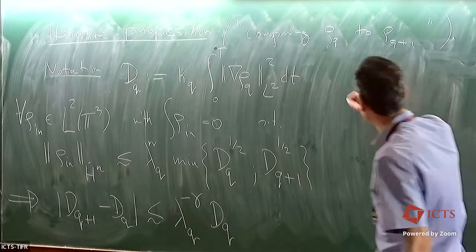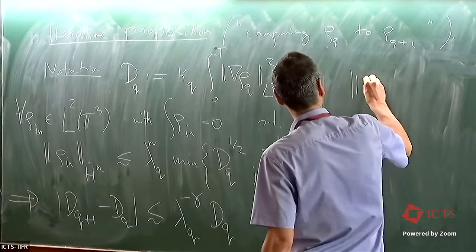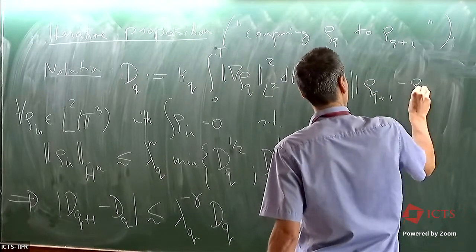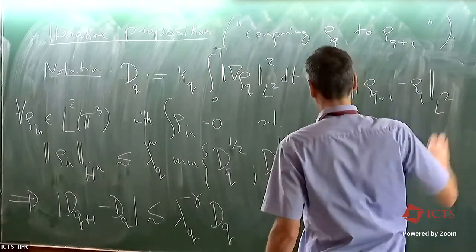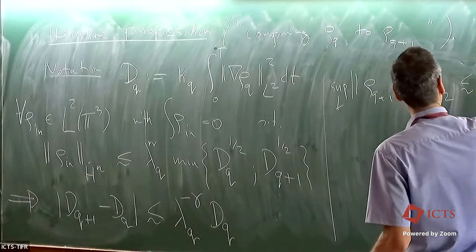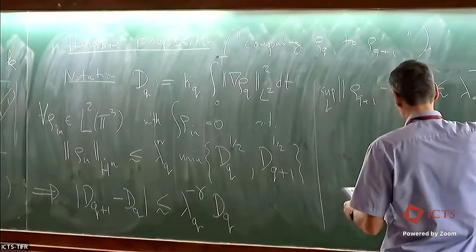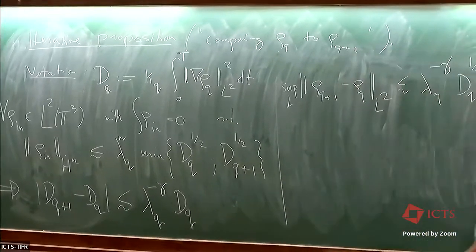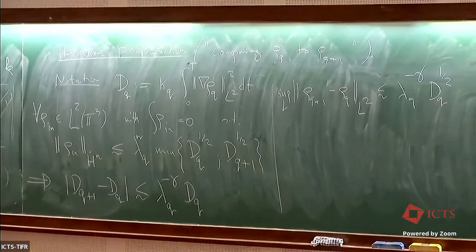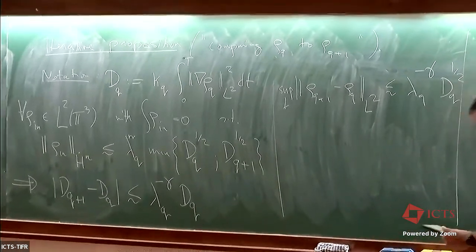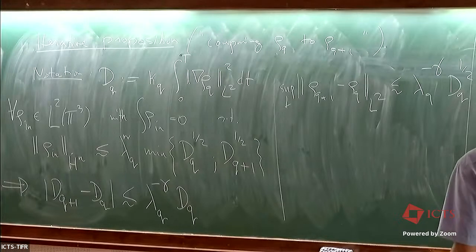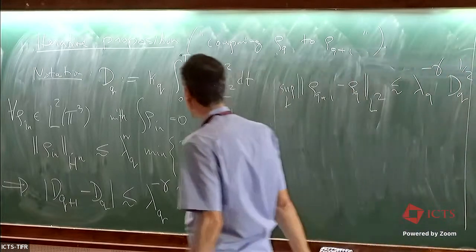And in addition, of course, we also have the difference of the L2 norms. So the supremum in time of rho q plus 1 minus rho q in L2 is also bounded by lambda q to the minus gamma times square root of dq.